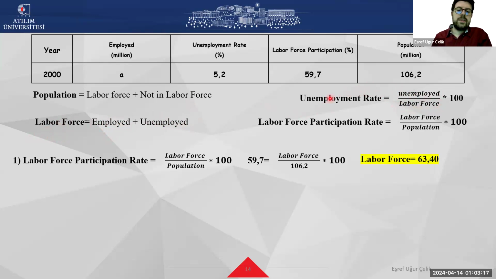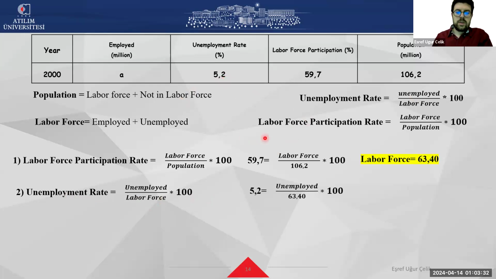So we know two things, unemployed and labor force, so we are able to find the unemployed. Again, the same mechanism: unemployment rate 5.2 equals unemployed divided by 63.40, multiplied by 100, and the answer is 3.30.